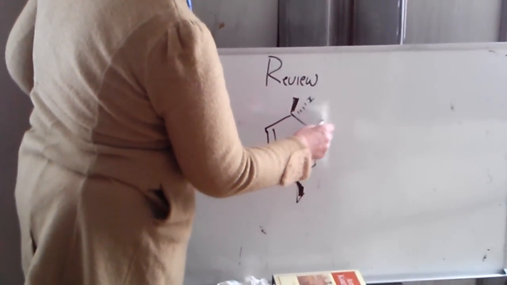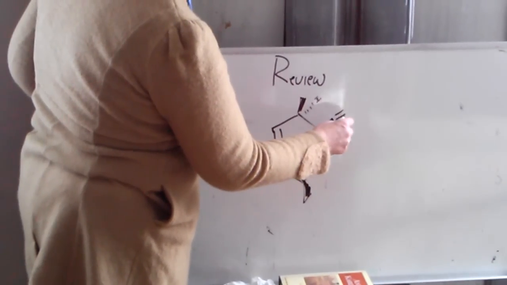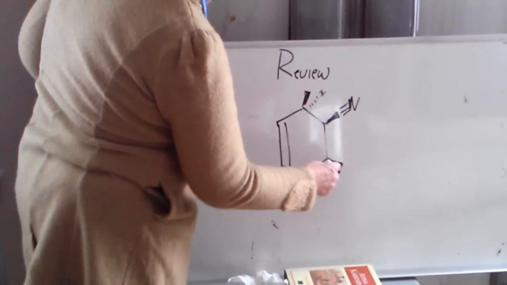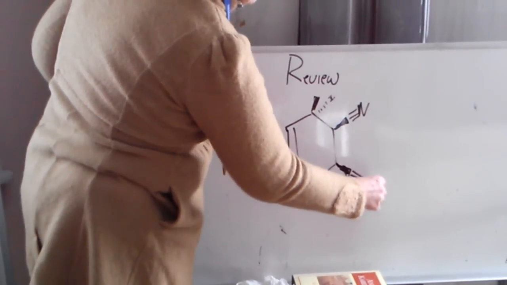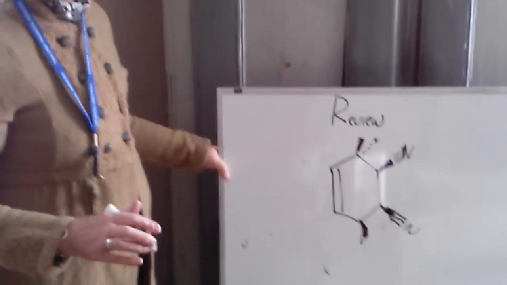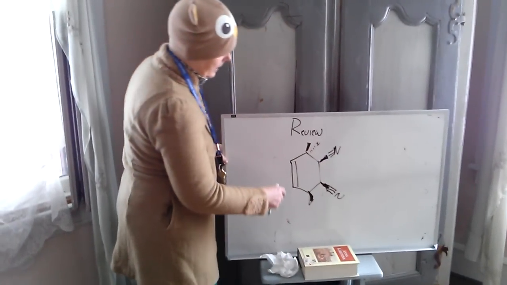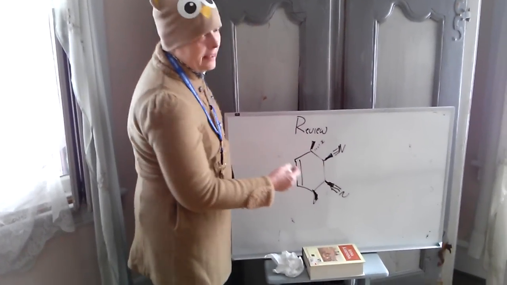So say you had to synthesize like this. Remember, good dienophiles have electron withdrawing groups on them. And you have to be able to ascertain the difference between electron withdrawing groups and electron donating groups, and I'm going to get into that.